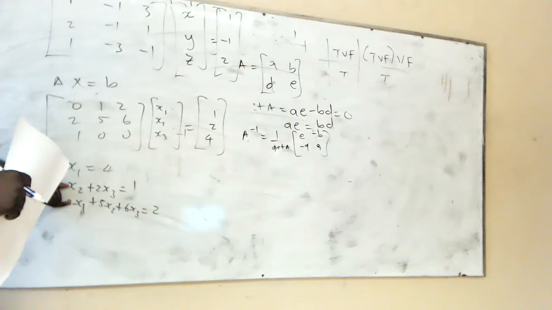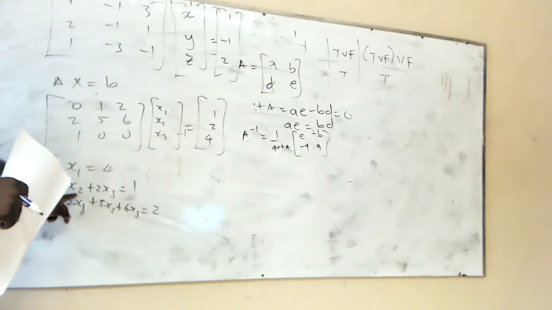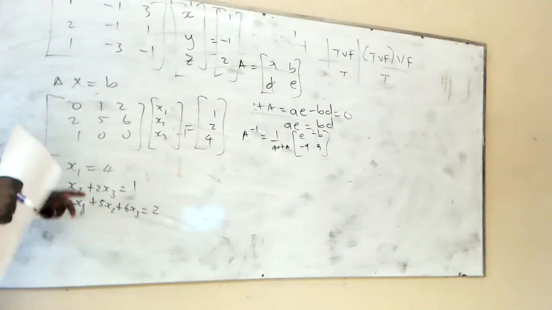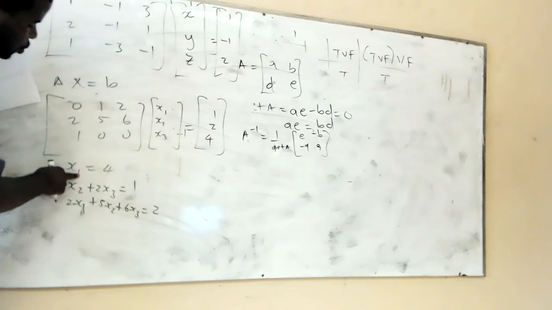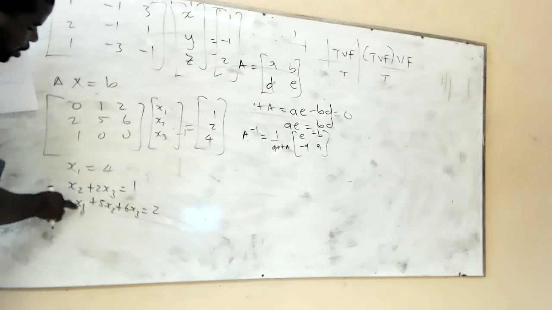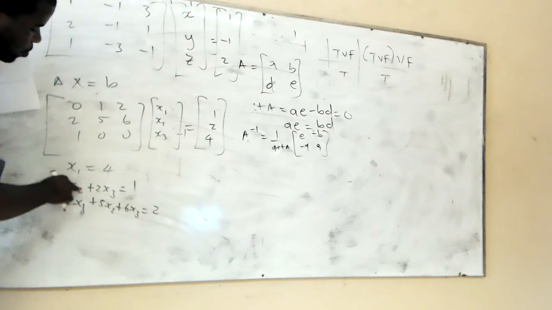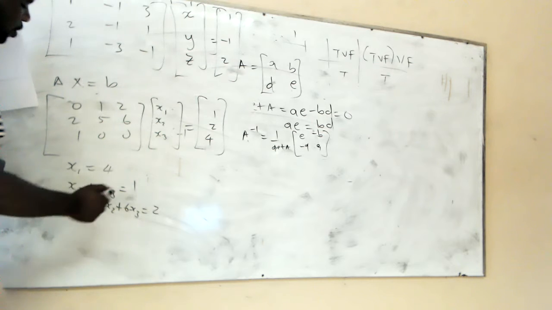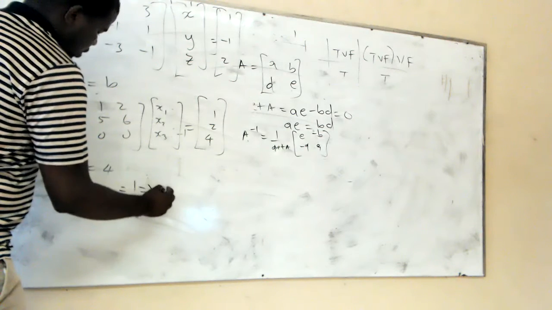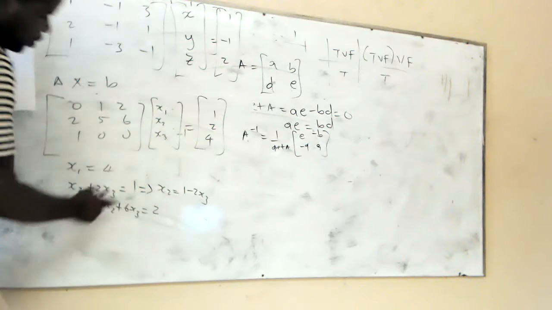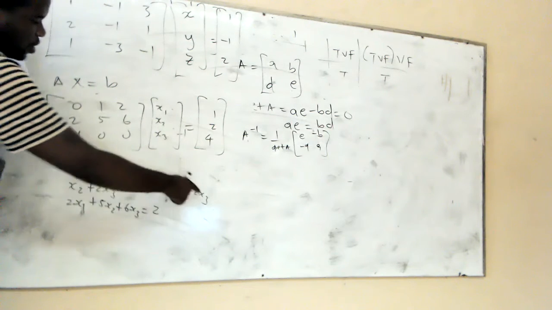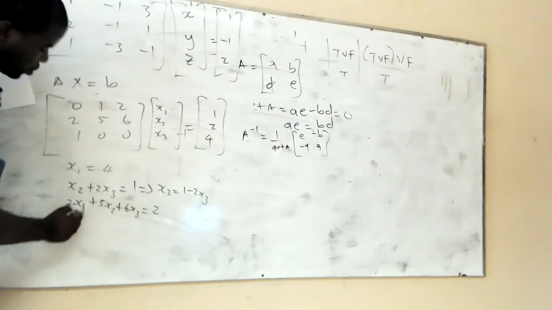So for these two, you can't get the value of x2, x3 without using the x1 that you obtained there. You substitute x1 there, and you make x2 the subject of the formula. So let's make x2 the subject of the formula here. You will have 1 minus 2x3. You substitute x2 where we have x2, and where we have x1, we substitute 4.